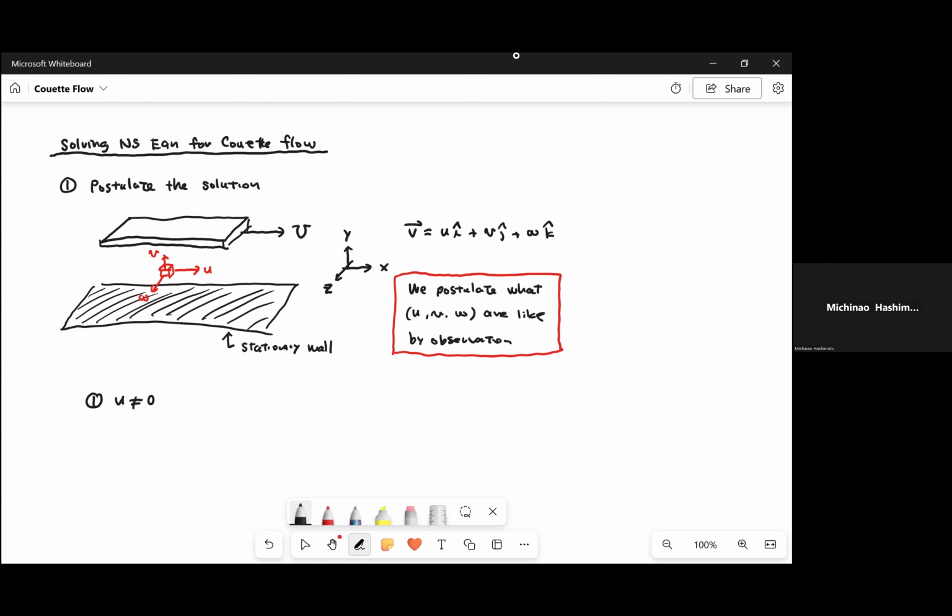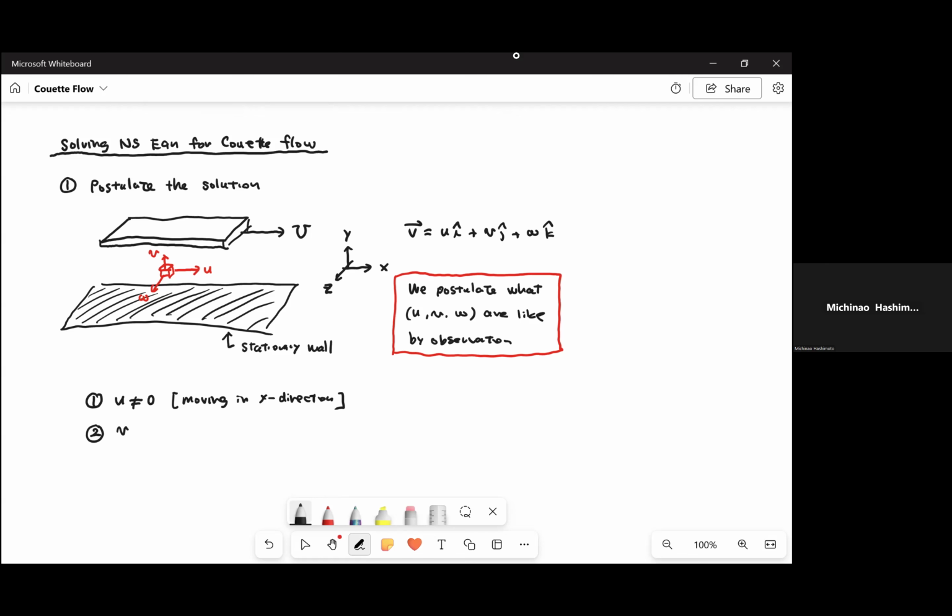This is the motion in the x direction. I think this is probably fair. However, what about v? When you pull the top wall, the bottom part is a stationary wall. In this case, is there any motion of the fluid particle getting closer to either of the plates?